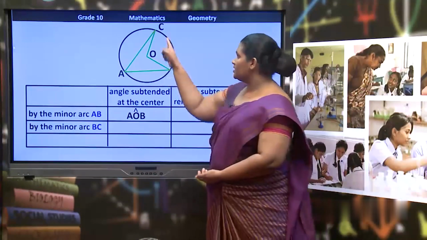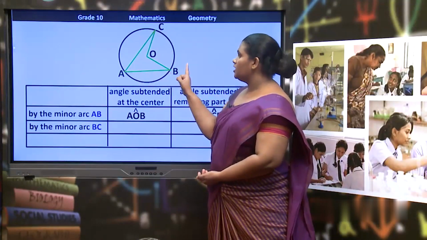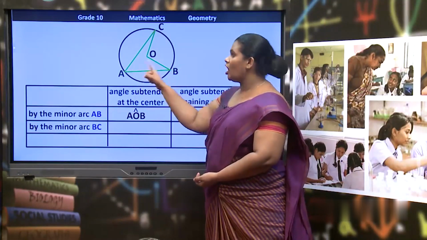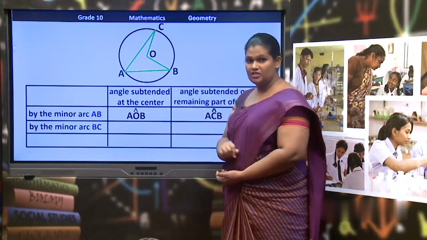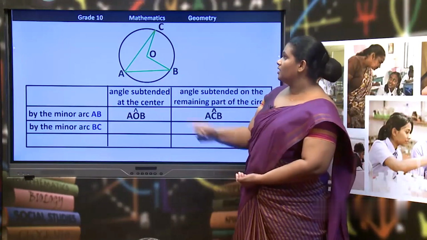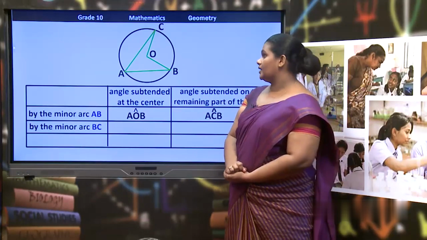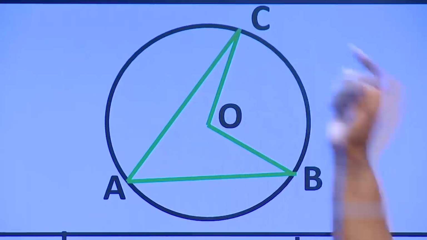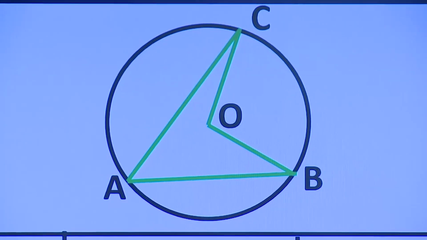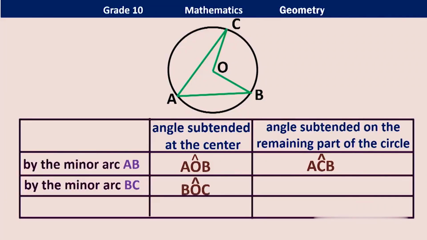Here, this is the remaining part. The angle subtended on the remaining part of the circle by the minor arc BC can be considered as angle BAC. Right. So, we have got the answer for that as well, that is angle BAC.